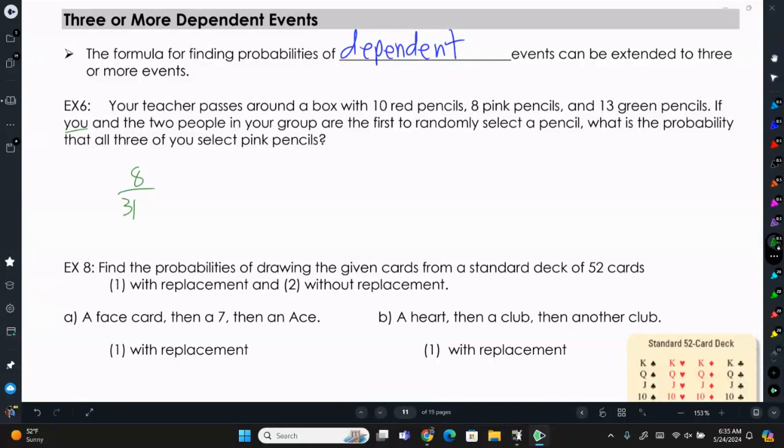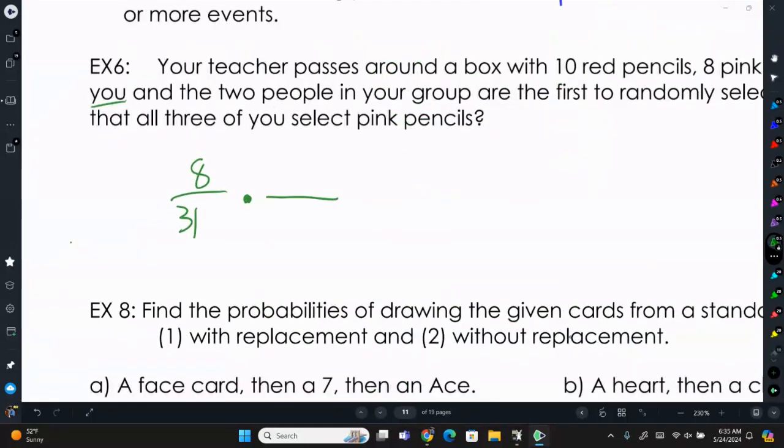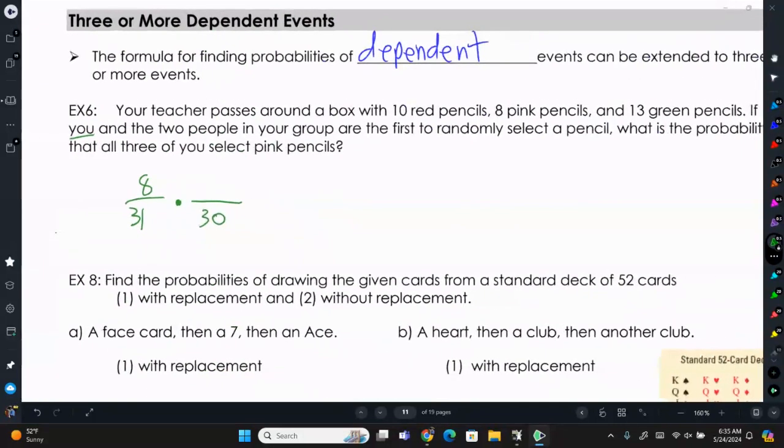Because if we add up the number of pencils, we have 10 plus 8 plus 13 is 31. Now, your group member then picks a pencil, and instead of there being 31 pencils, there are now 30 left because you took one, and you took a pink one, so instead of 8 pink ones being left, there are now only 7.